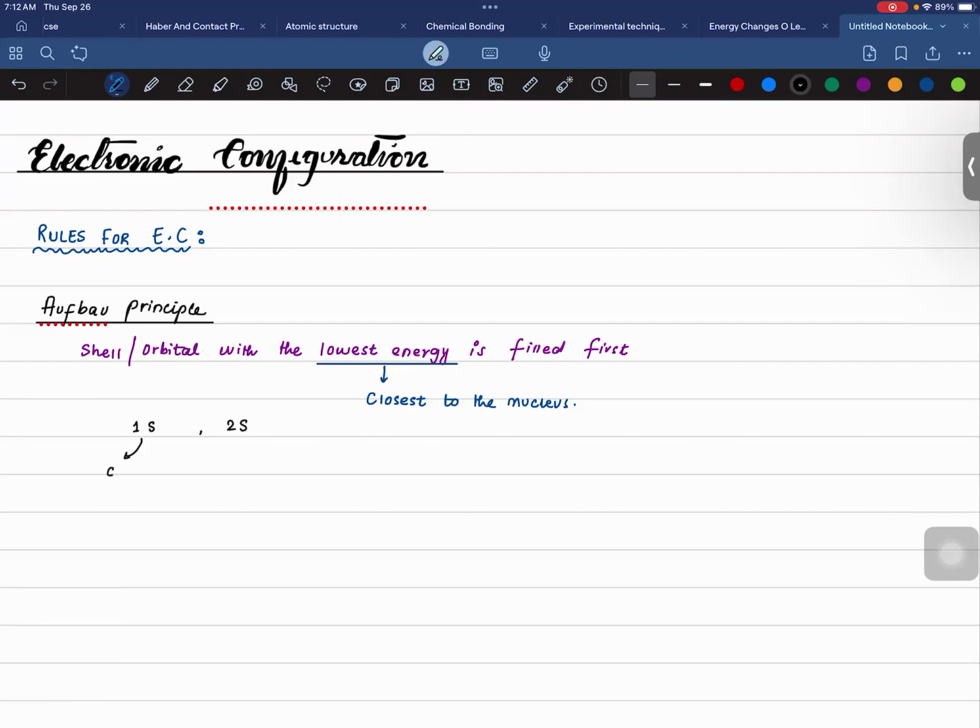This one is closer to the nucleus, and this orbital is far away from the nucleus. Ultimately, I can say that this one has higher energy and this one has lower energy.